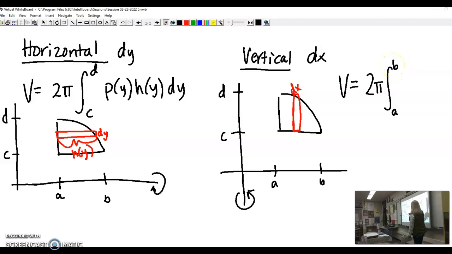And again, I know it's a vertical axis of rotation, but it's a dx. Then our p of x is probably just going to be x. P of x is the distance from here to here, and here to the h of x. So it would be p of x times h of x.